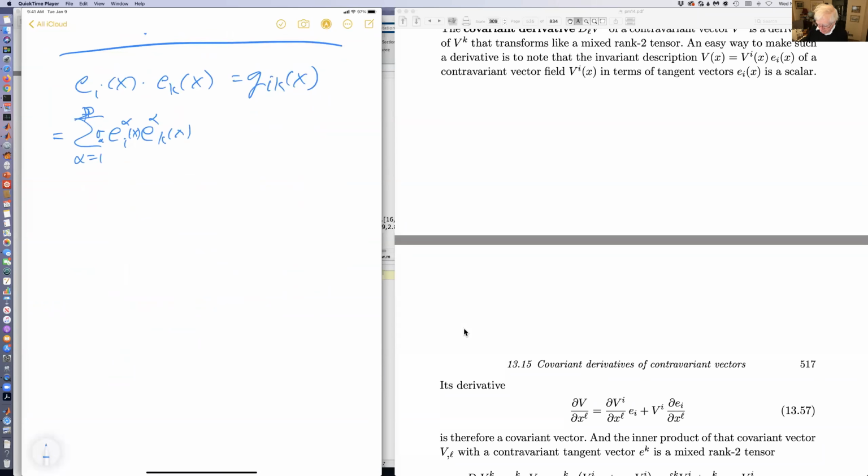In empty space, g_ik is just eta_ik, the metric of special relativity, and zeros everywhere else.